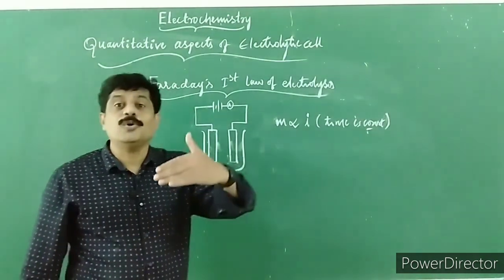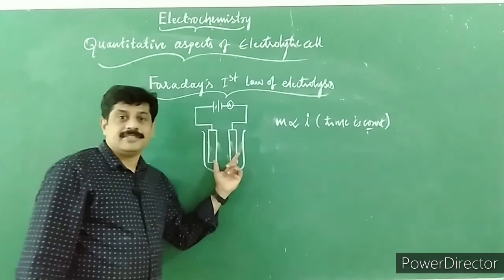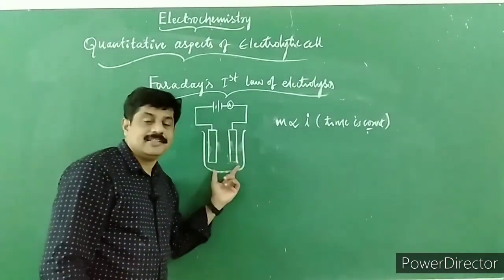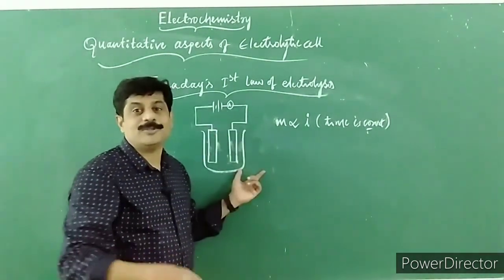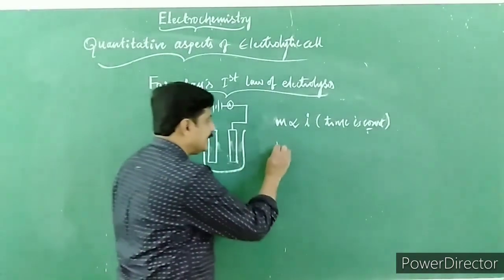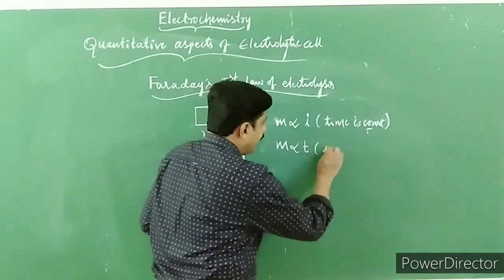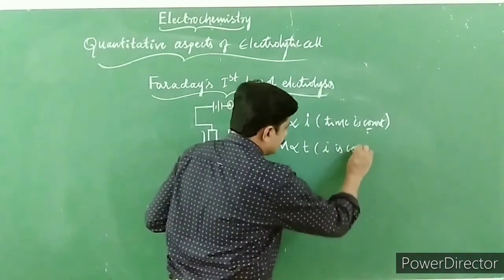Children, he also noticed that the mass of the substance electrolyzed in the electrolytic cell is also directly proportional to time if current is kept constant. Let me put that in terms of a mathematical expression. M is directly proportional to t if I is constant.